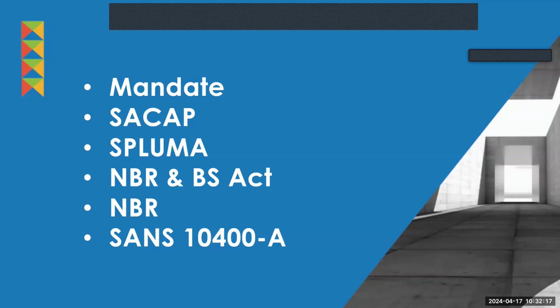Now, before I carry on, I can actually ask the question, what is the purpose of a building plan? You can write it down if you want to. My view on the purpose of a building plan is basically your communication to the local authority as well as to the contractor.